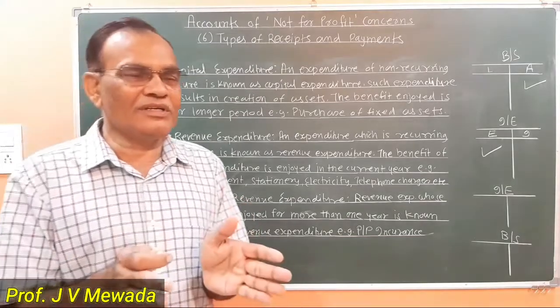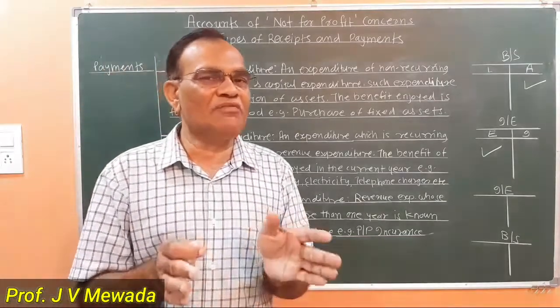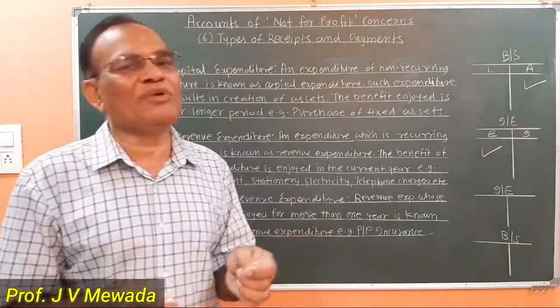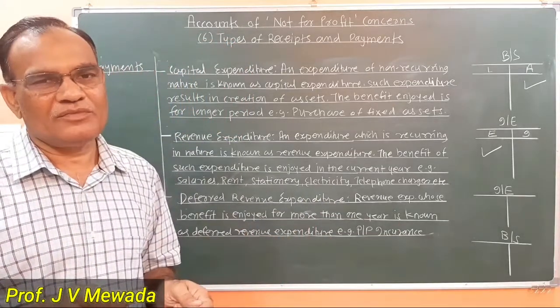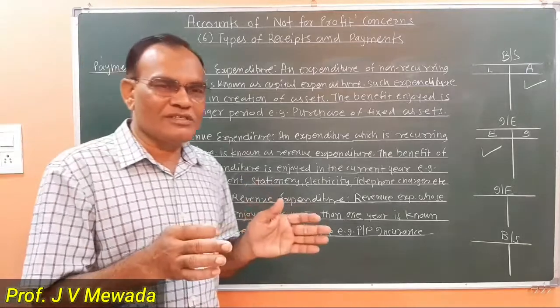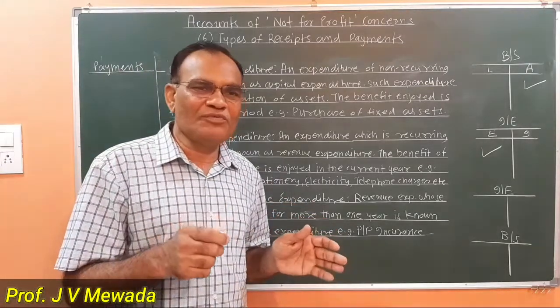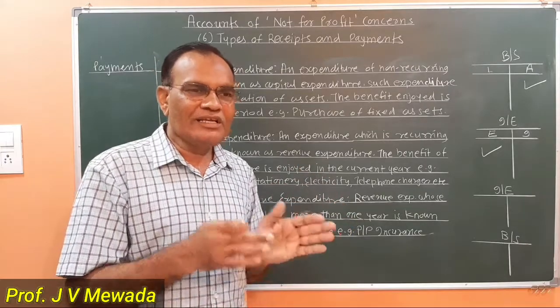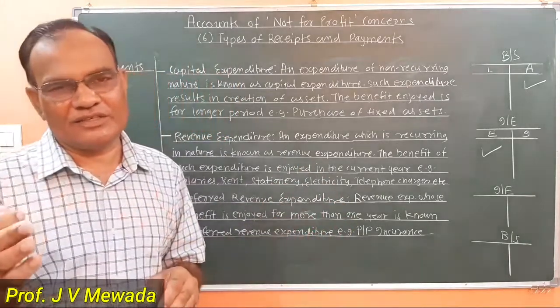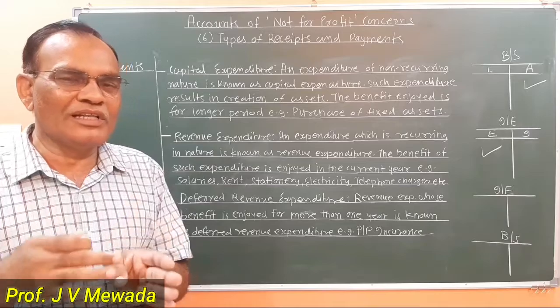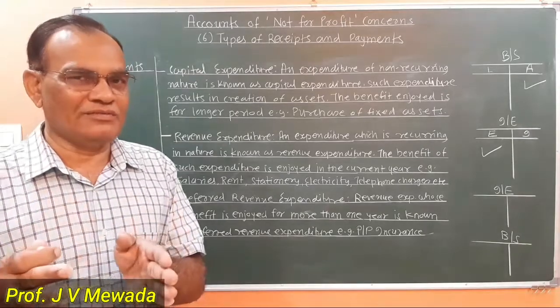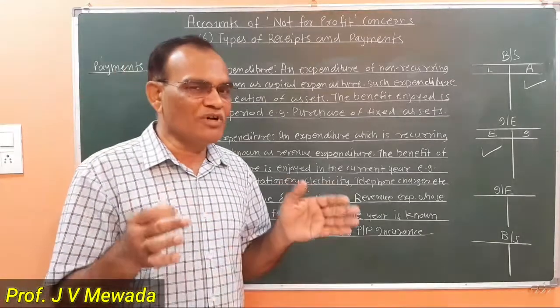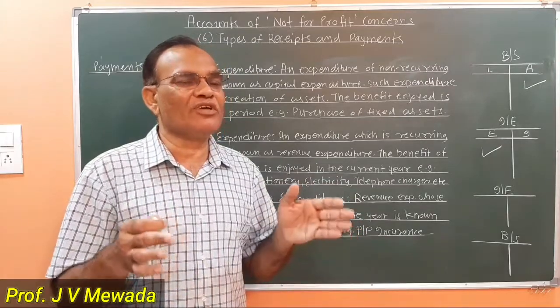Now that particular expense is known as a deferred revenue expenditure, and the best example is prepaid insurance. In case of insurance, we are buying the policy for 12 months. Some portion is included in the current year and some portion is included in the next year. So whatever portion is included in the next year, that is known as a prepaid. So this particular expense is now known as a deferred revenue expenditure.